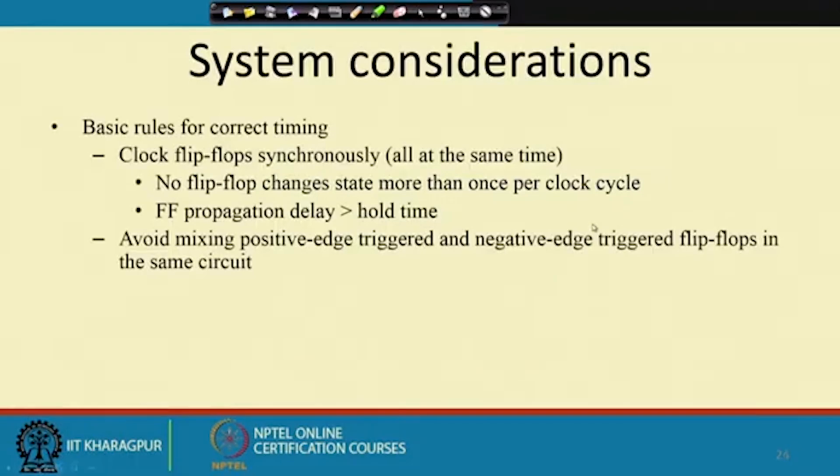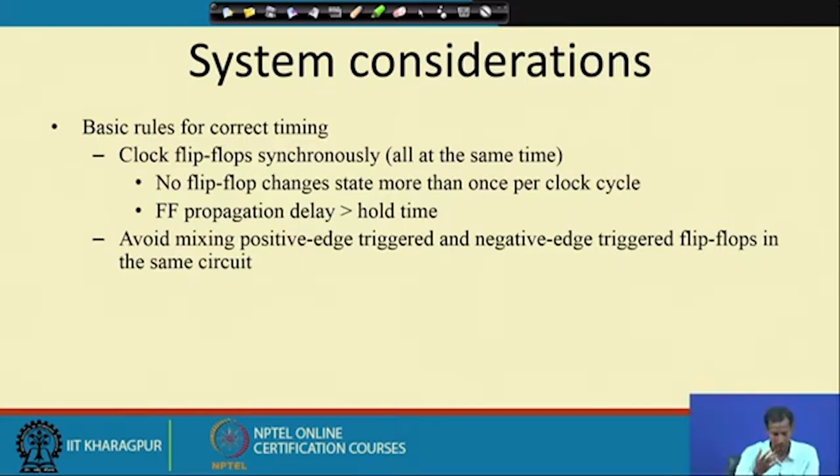So, today we will see some of the things which are not yet covered in timing analysis, and how we can correct the timing. Correcting the timing means, till now we have discussed skew for synchronous design.